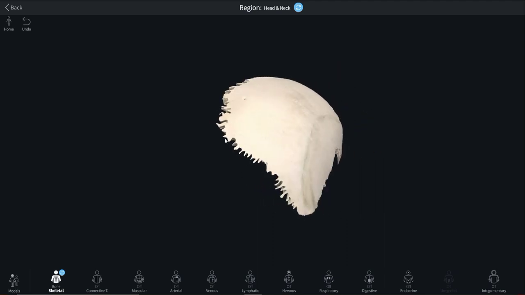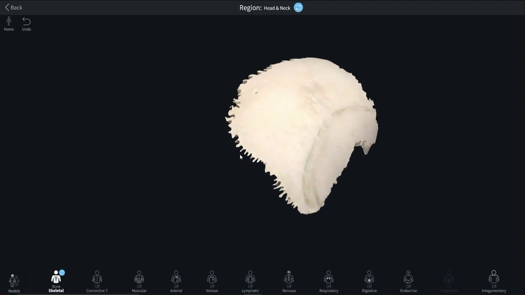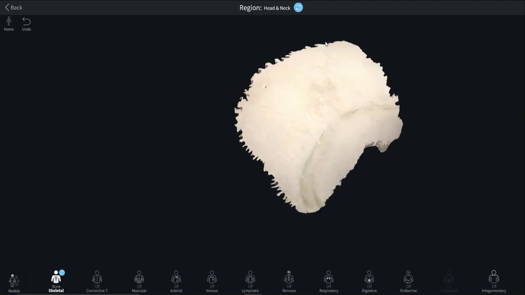This here is the superior border. This is the anterior border, and this is the inferior border. Should I slow down? This is the anterior border, this is the posterior border, this is the superior border, and this is the inferior border.